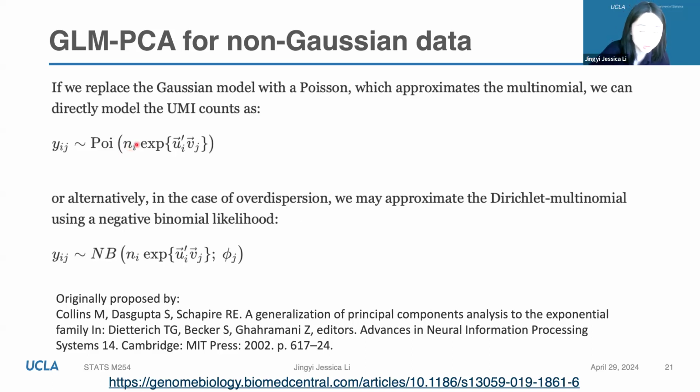And then multiply by something which represents the proportion, or rather the true expression level of gene j in cell i. Because it's non-negative, we assume the log of the true expression is u_i transpose v_j.